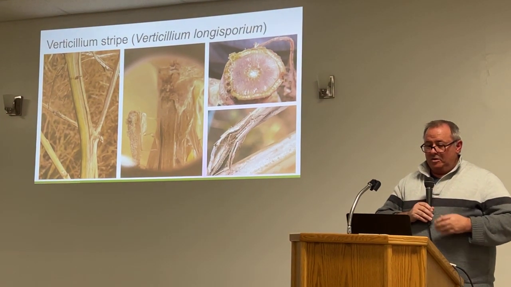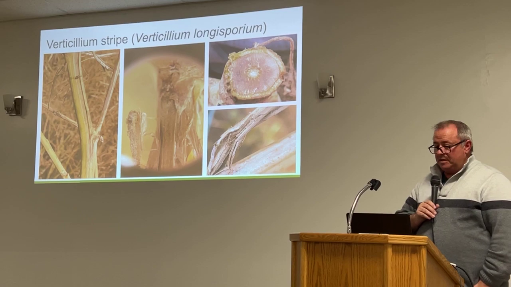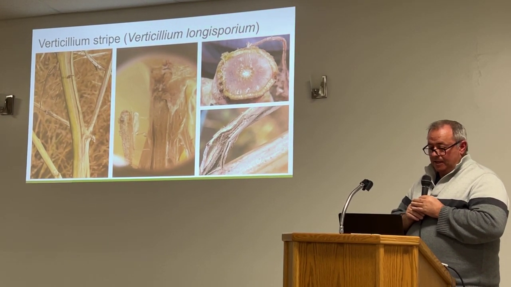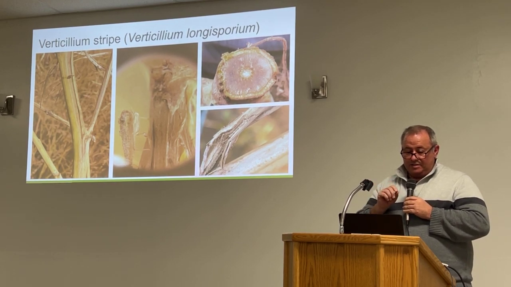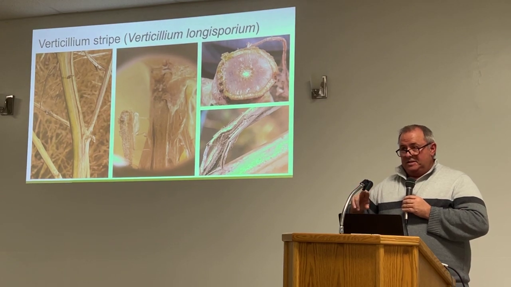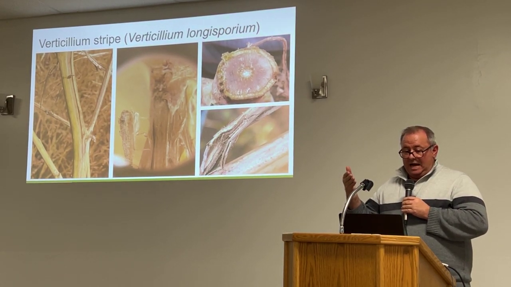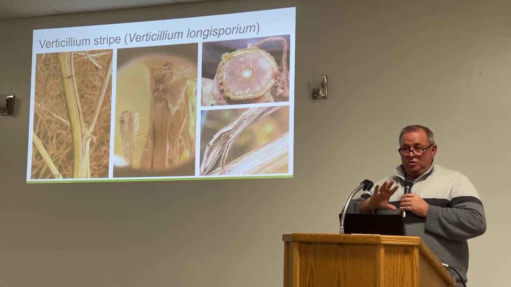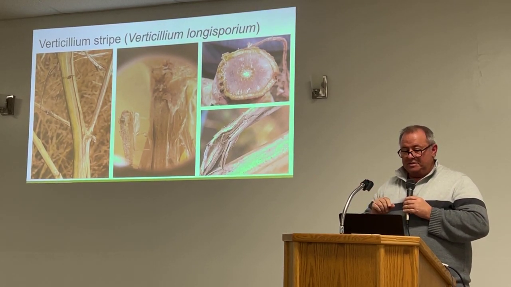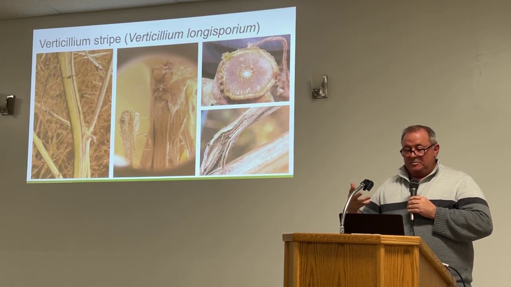And so if verticillium is present and the severity is high, you're gonna see symptoms like this unilateral striping on the left. If you look under a hand lens, you can see those little black spots. Those are microsclerotia. If you cut the stem and look at it like you're looking for blackleg, you'll see kind of this diffuse, more starburst pattern, whereas blackleg is more of a pie-shaped discoloration, and then sometimes some stem shredding.